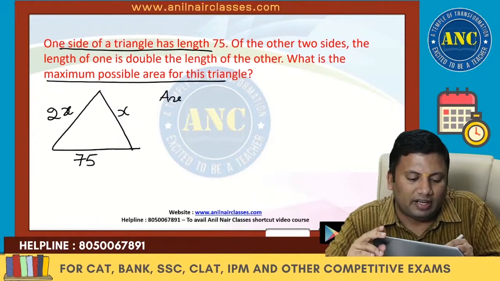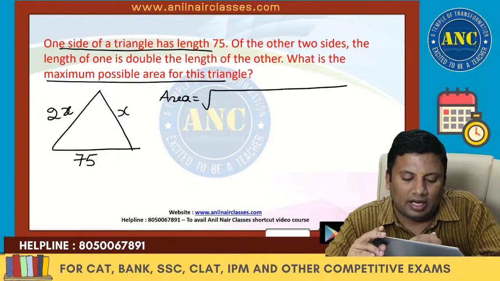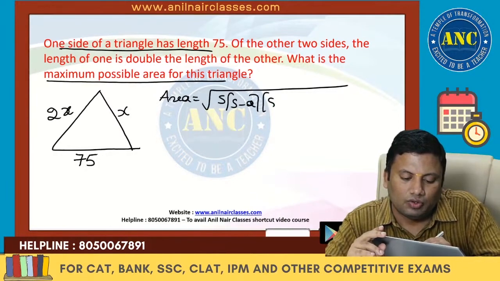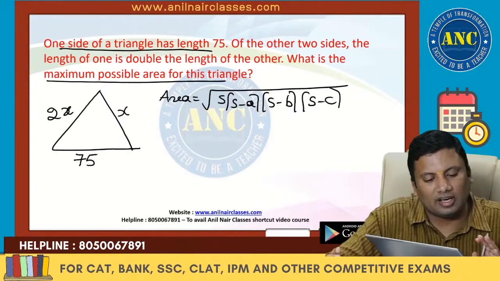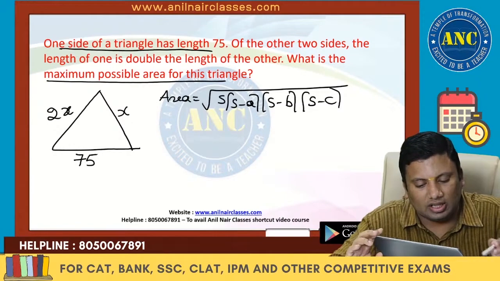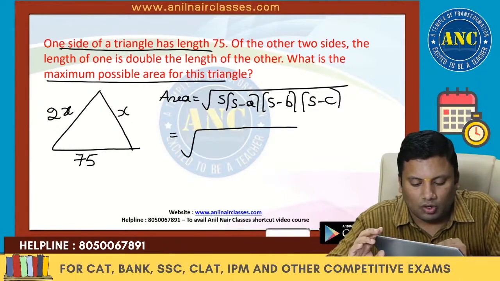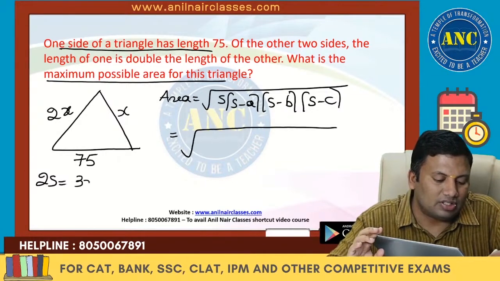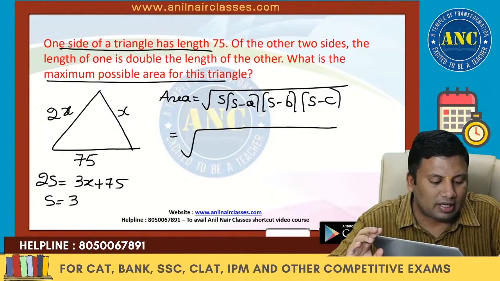The area of a triangle is given by Heron's formula, root of s into s minus a into s minus b into s minus c. Only one side is known to us, the other two sides we don't know. So 2s is the perimeter, which is 3x plus 75, so s is 3x plus 75 by 2.